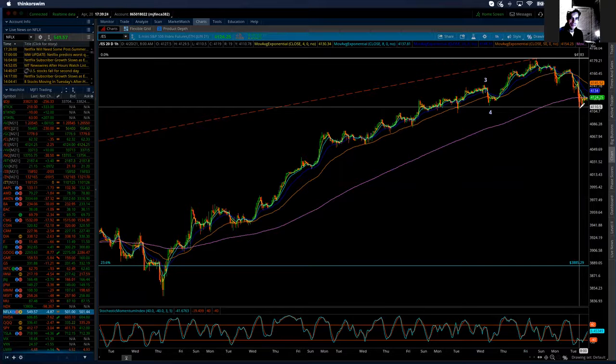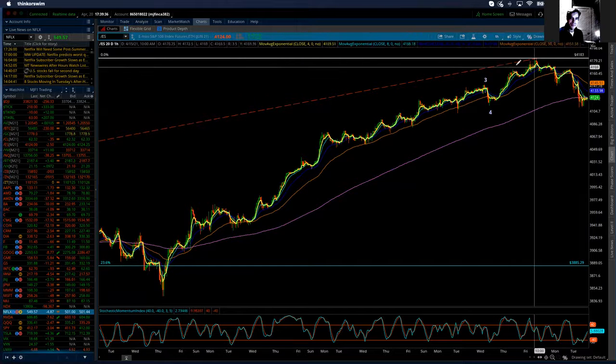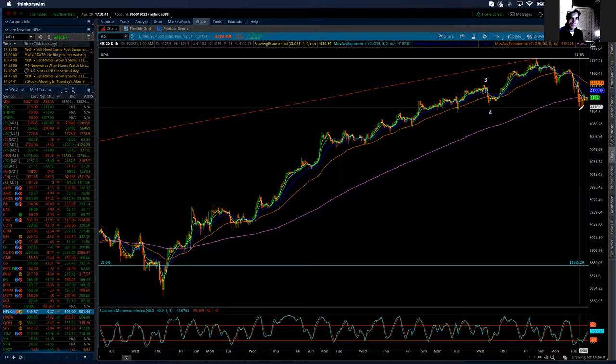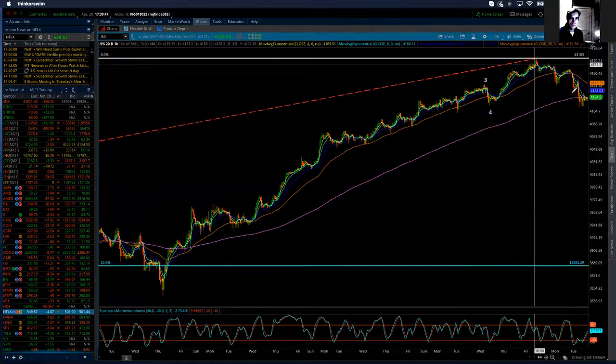Anything below that would be very fitting. So there's a couple of things. I'm going to say that that is more than likely just the first A wave. Now, that also suggests that this entire corrective process is going to be quite shallow. Right now it's $50, $60 off of the high, $70.